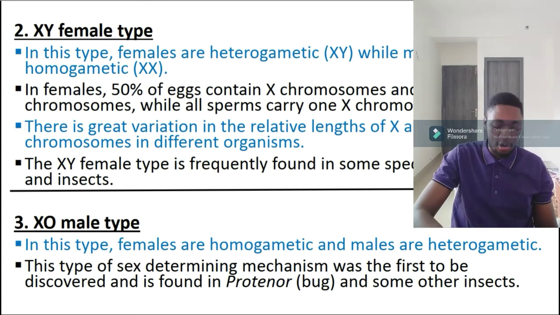The XO female type. In this type, males are homogametic and females are heterogametic. In the insect, females have 1 chromosome less than the males. Examples of this type of sex-determining mechanism are rare.